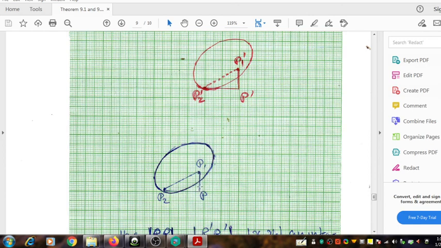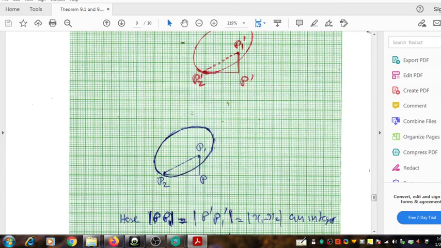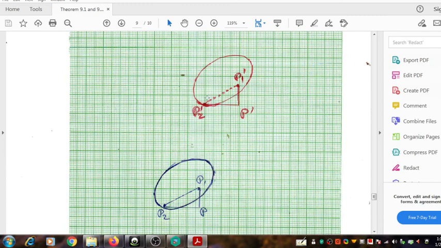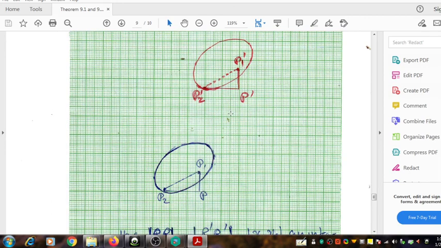There will not be any change when we compare the distance between P prime and P1 prime with P and P1. Similarly, the distance between P prime and P2 prime and the distance between P and P2 are the same.